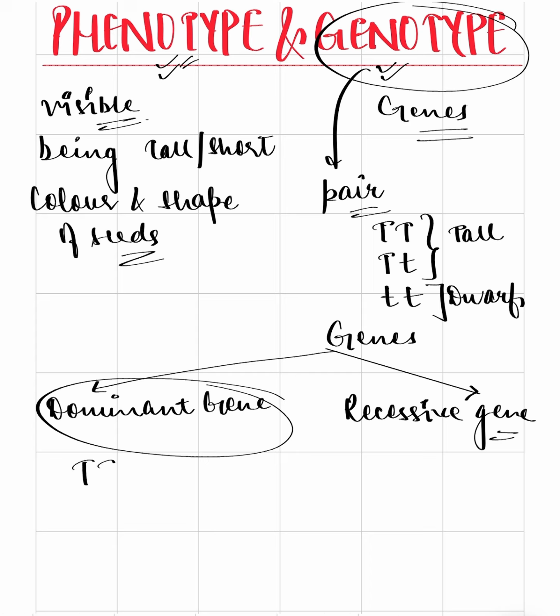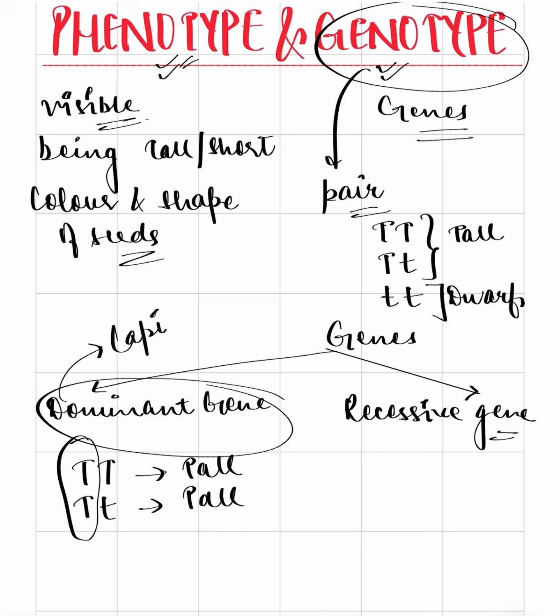For example, capital T, this also represents the tall individuals, and capital T, small t, this also represents the tall individual. Here the dominant gene is the capital one. Please note this point that dominant genes are always expressed in the capital letters. These are always represented by a capital letter.